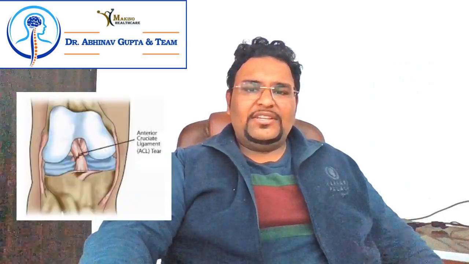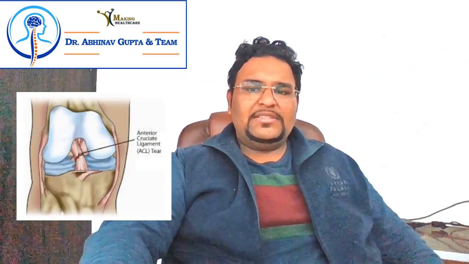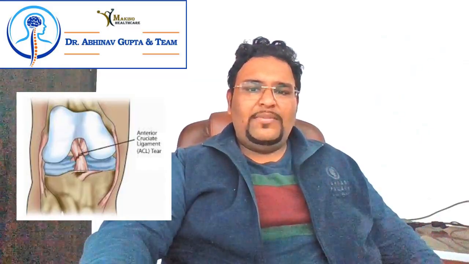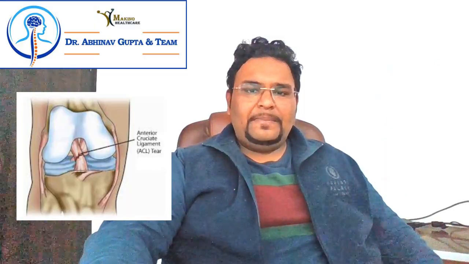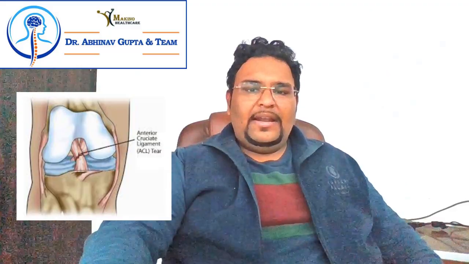What are the common causes of ACL injury? This includes sudden changes in direction, that is, quick pivots or sharp turns in sports like soccer, baseball, or tennis, which can strain the ACL. Landing incorrectly from a jump.